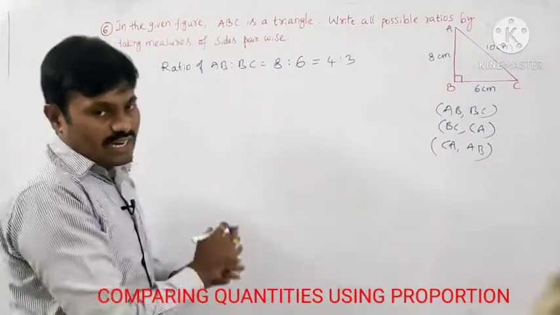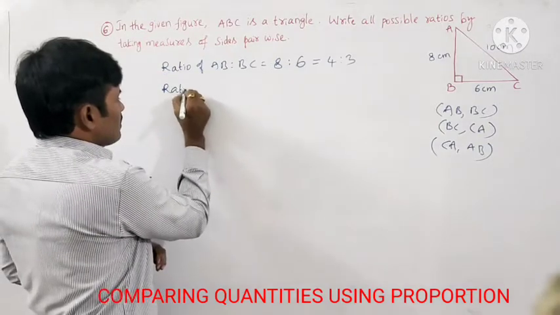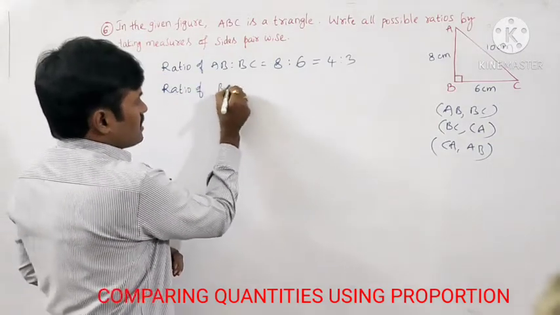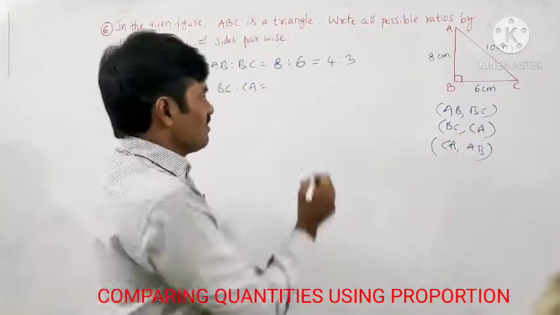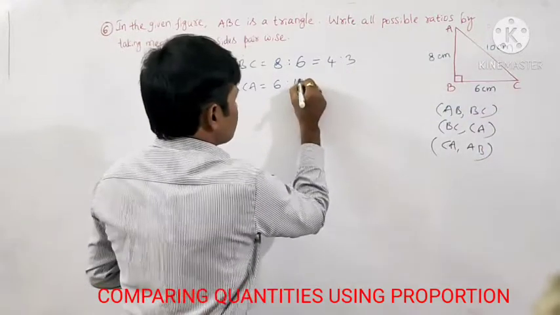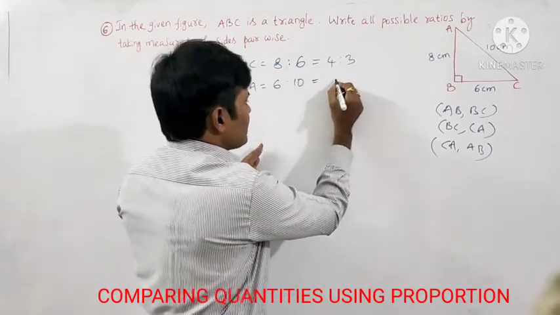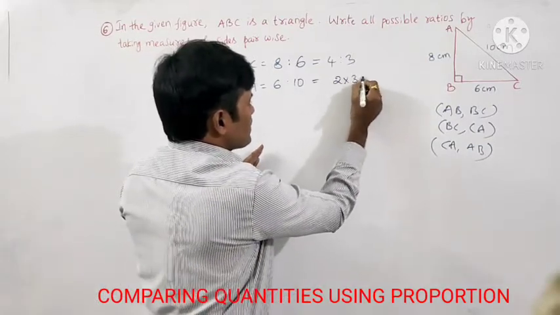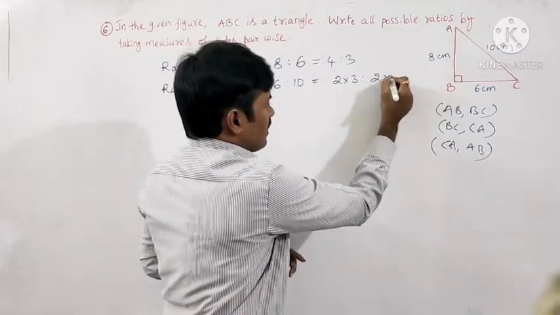So first complete ratio of AB is to BC, and then the second pair is BC is to CA. So ratio of BC is to CA. BC value is 6 centimeters, ratio to CA value is 10. Okay. Is there any common table? Yes. So we can write it as 2 3 are 6, 10 can be written as 2 5 are 10.